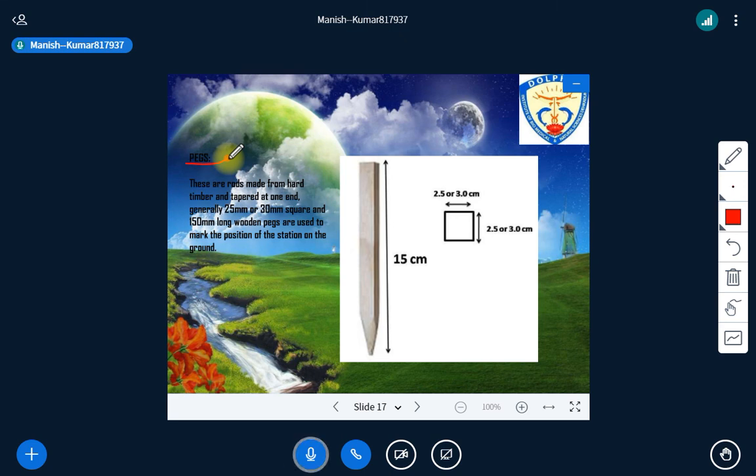And you look at this general feature, this is made up of, obviously I told you, wood, and the length is 15 centimeter, and the width we can say is 2 to 3 centimeter or 2 to 5 centimeters. These are the basic dimensions of the peg that is used to conduct the chain survey, right?